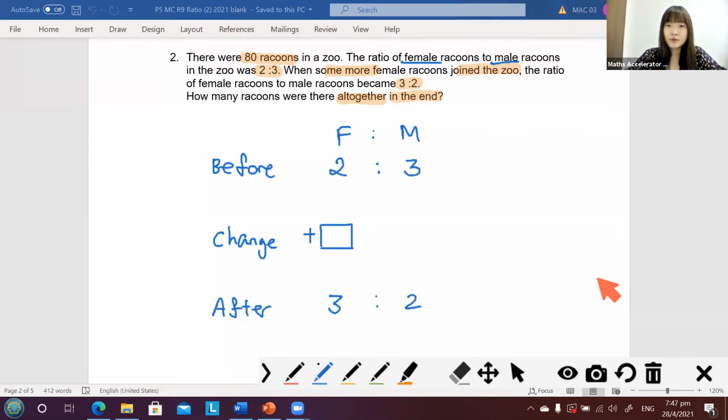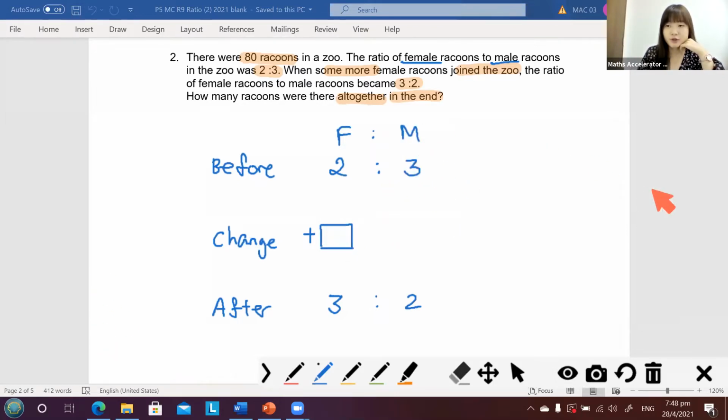So now, is it female or male raccoons that is unchanged? You can type into the chat which one is unchanged, female or male. Very good. Everyone's saying the male.